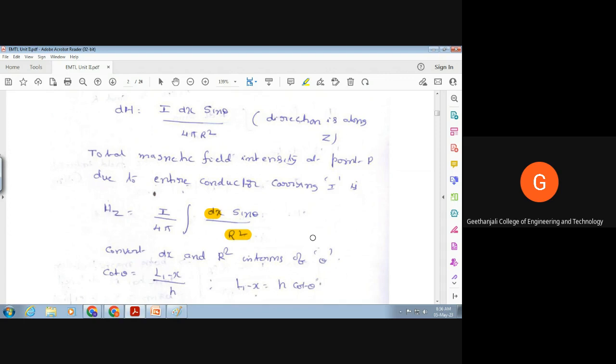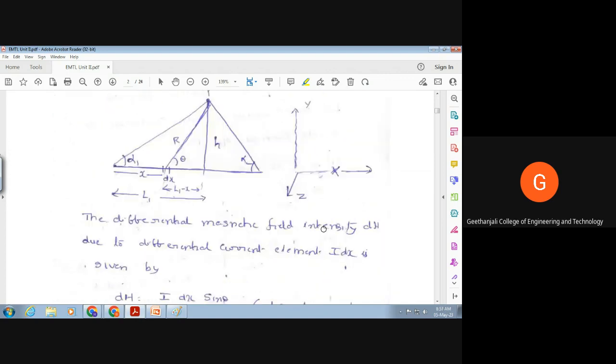Once point P is fixed, the perpendicular onto the conductor, this point, is also fixed. So the distance from one end of the conductor to this point is fixed. Let us define this as L1. So once point P is fixed, L1 is also constant.